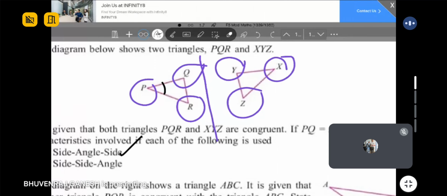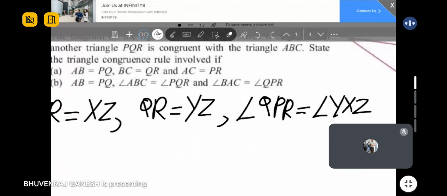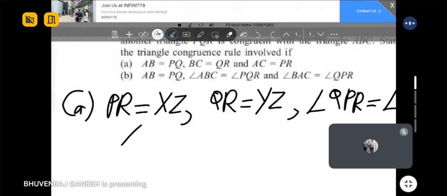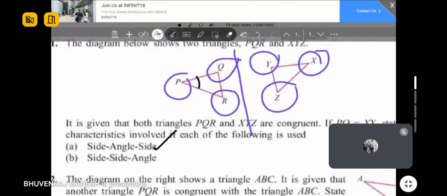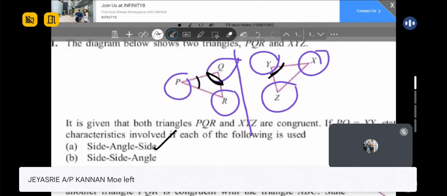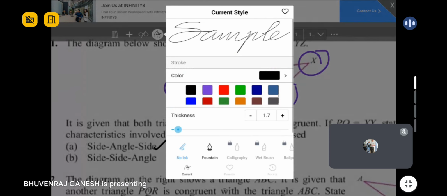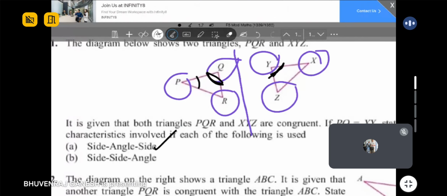And then one more, PQR, dia akan sama dengan XYZ. Okay, one more. PQR equal to XYZ. Okay, you can see over here, PQR equal to XYZ. Boleh nampak guys? Can you all see it? So where is the SAS? Mana SAS?